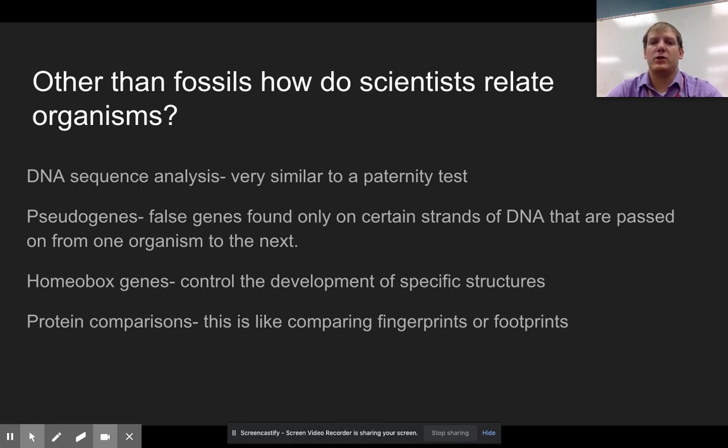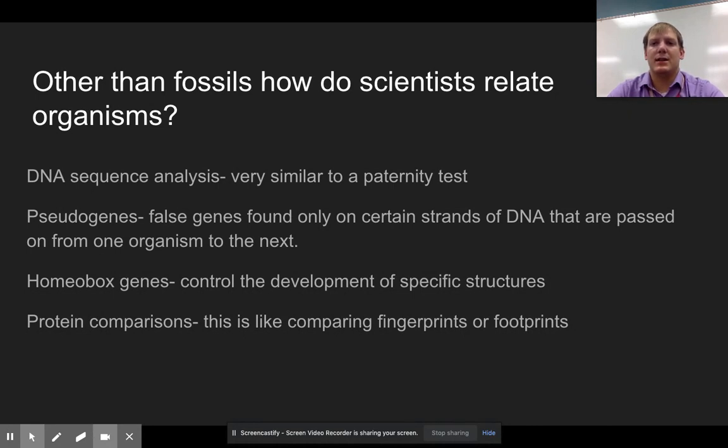If you've ever watched Jerry Springer or Maury, when they do the paternity test, they compare the DNA from the mom, the dad, and the baby, and they see how closely related that DNA is to the dad. If they're similar, that means that person is the dad. If they're different, obviously they're not the father. So that one's a very straightforward test.